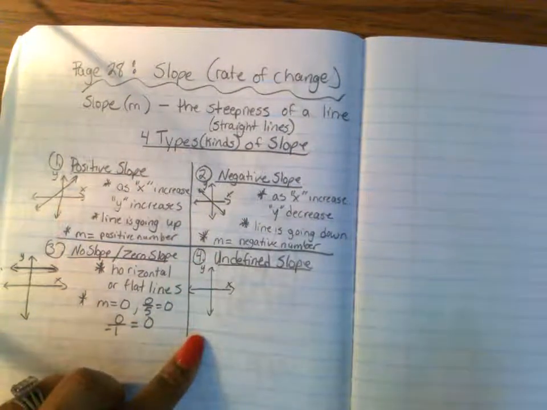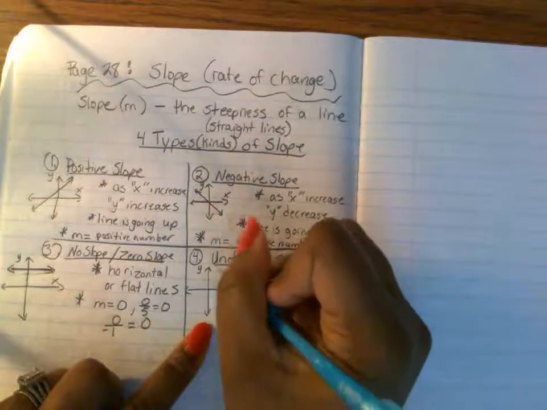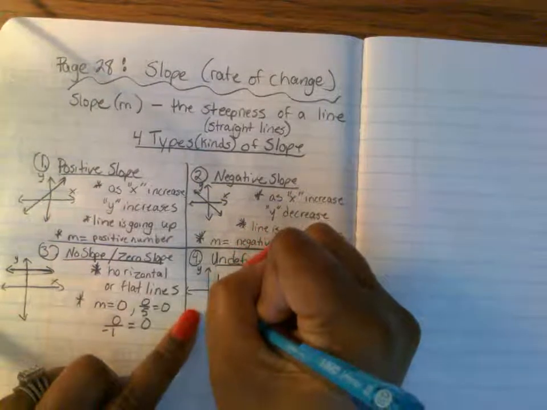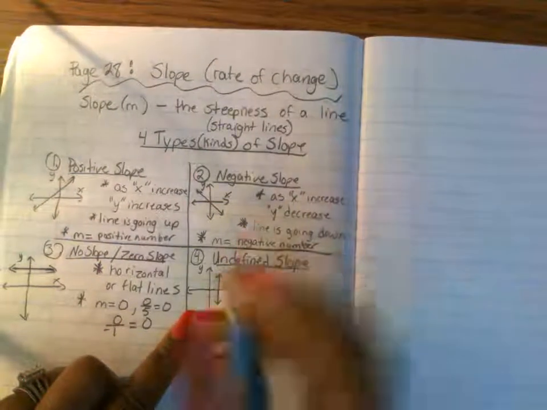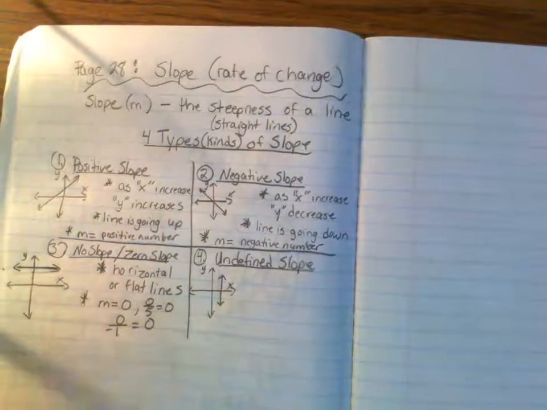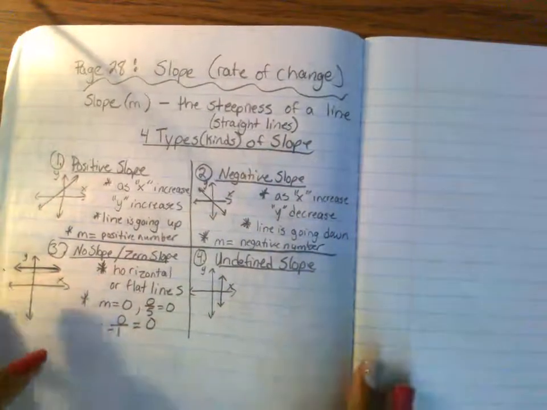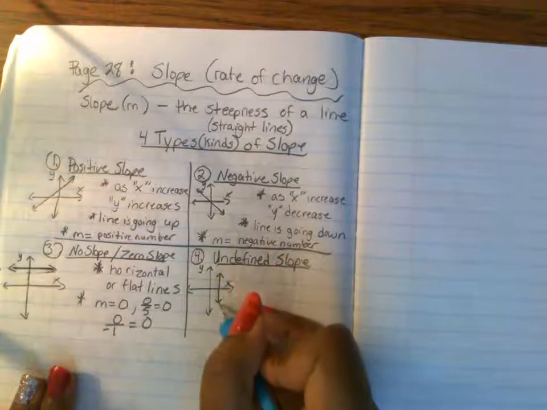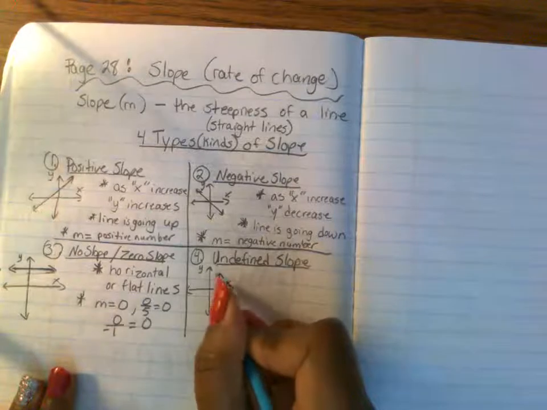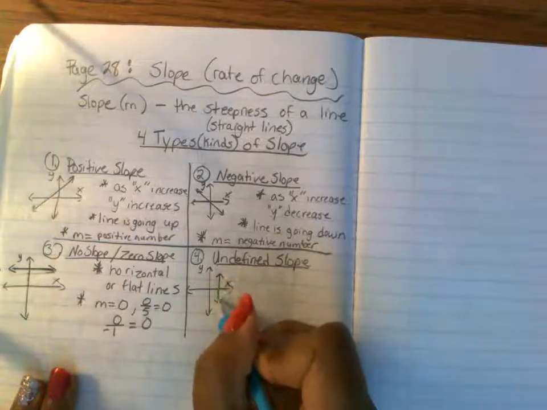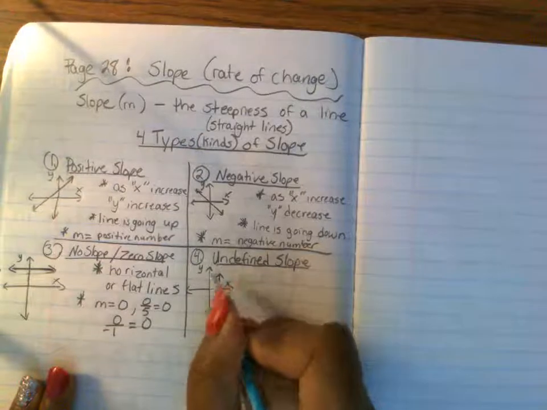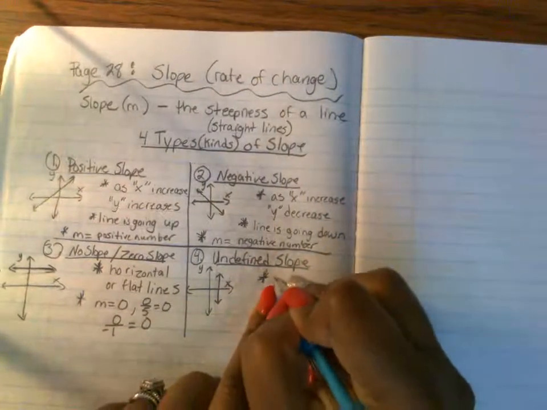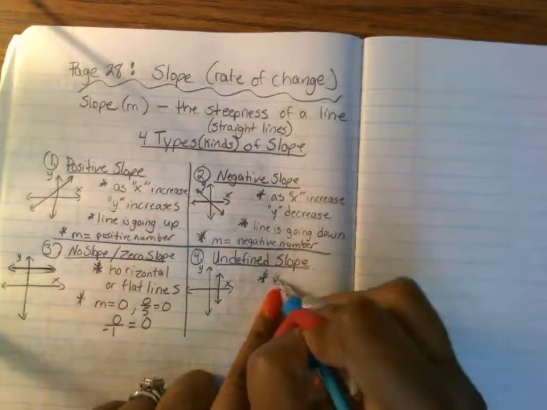And your undefined slope is going to be where your line is vertical. It goes straight up and down. It is impossible, except for maybe Spider-Man and Superman, for you to walk up a line that looks like this. Okay? This has undefined slope. So all vertical lines have undefined slope, lines that go straight up and down.